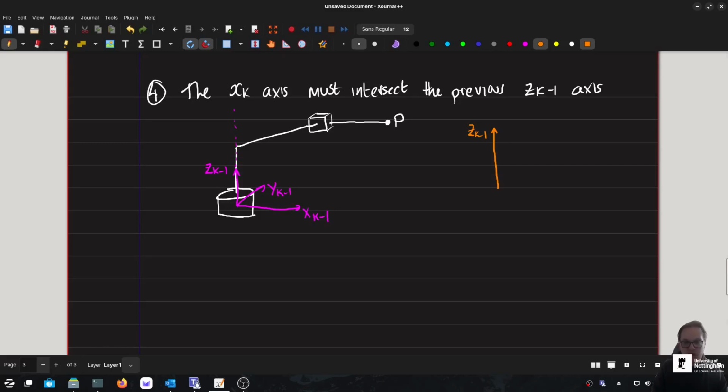And we know from the next joint that z must be flowing along the link again, so that's going to be our z_k in this case. So z_k is going to be along this way. That's our plane, and we must ensure that we are perpendicular. In order for our x to intersect, i.e. cross, the previous z-axis, we need to ensure that it follows this link here. If we follow that direction, it will intersect directly with z_{k-1}, and therefore that would be our x_k over here.